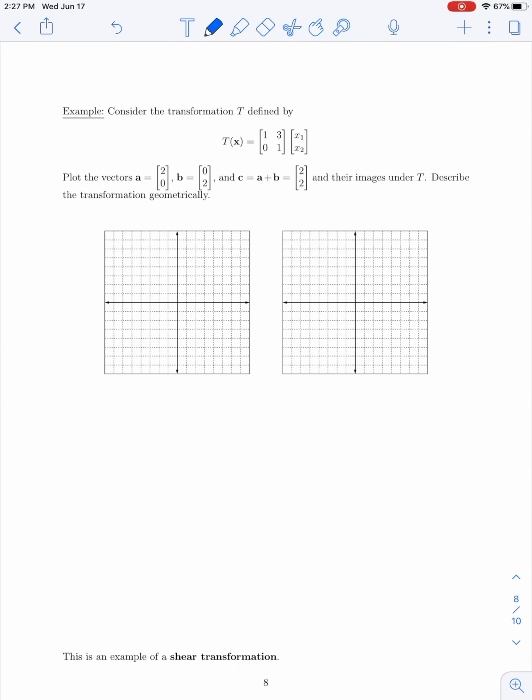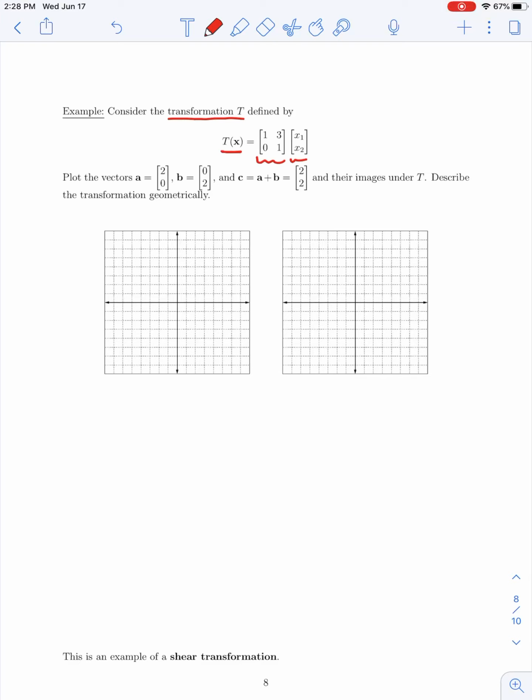So let's look at a few other transformations to finish up this section, which have geometric interpretations, and we'll see that these are also linear transformations. Here we are considering a transformation T, which is defined by T of x equal to the matrix (1, 3; 0, 1) times our vector x, whose components are x1 and x2.